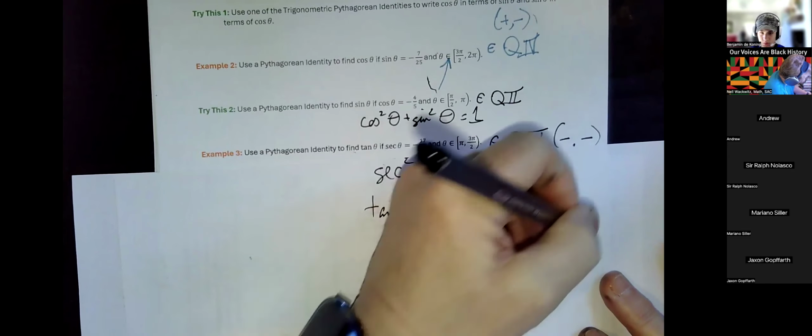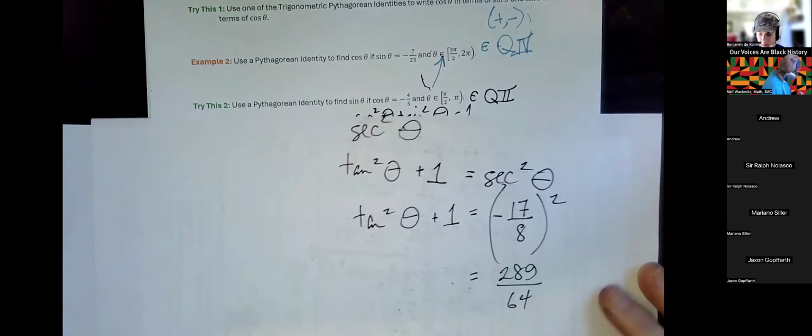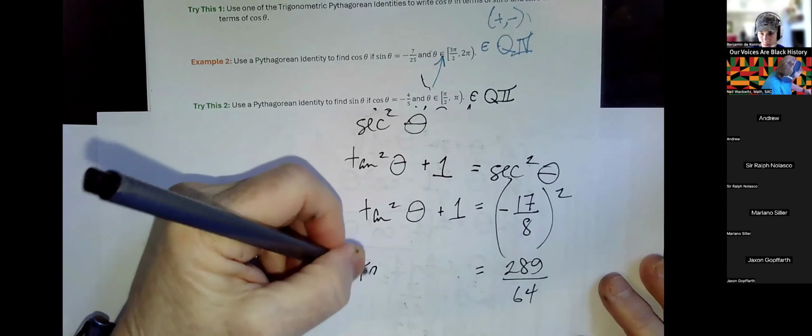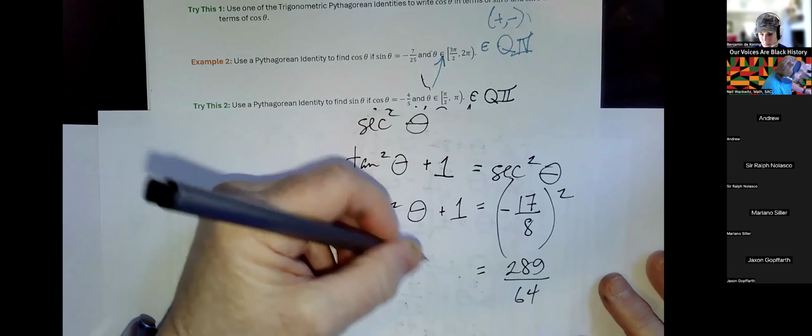What is the negative 17 over 8 squared? The negative goes away. What is 17 squared? 289. Thank you. 8 squared. 64. And we've got tangent squared theta.